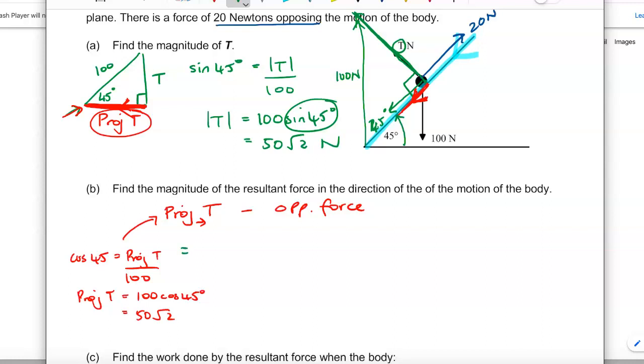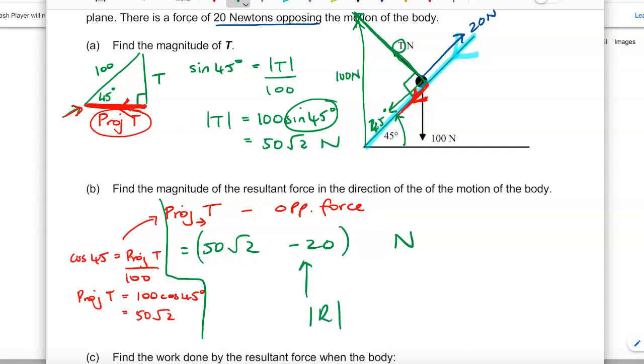So we can equate this to 50 root 2 take 20, and that is going to be equal in newtons to the size of the result that we have. The result of that force T against the weight of the object of 100 newtons and opposing that 20 newtons that's pulling it in the other direction.